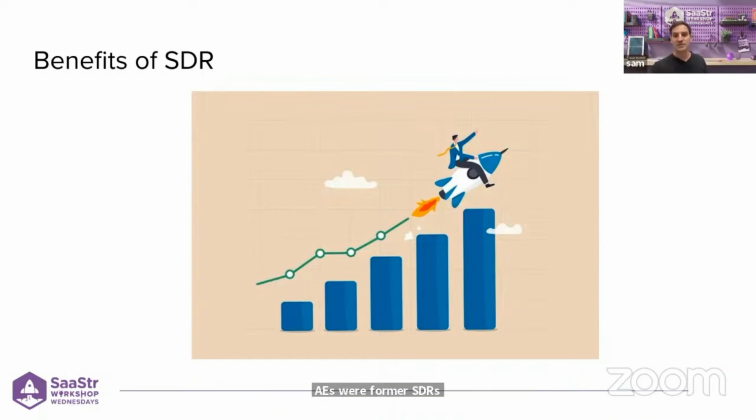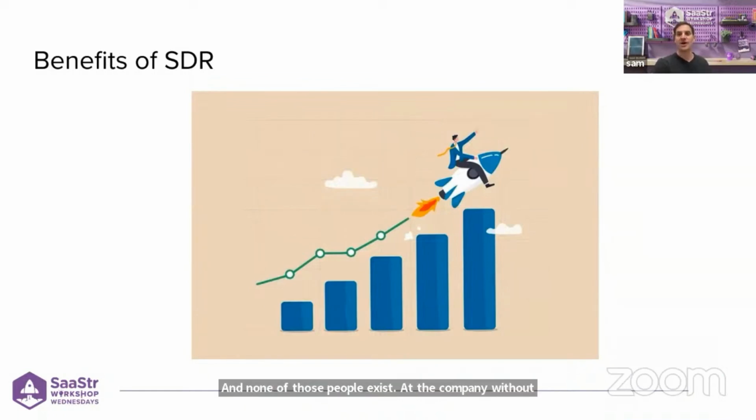And none of those people exist at the company without the function of SDR existing as this sort of training ground to ultimately promote into some of the most successful AEs within the business. Now, we corrected this. We got it to a point where SDRs on a per rep basis were sourcing more revenue than their AE counterparts. But that benefit that I just alluded to, which is the sort of feeder system, is oftentimes overlooked and doesn't necessarily show up in the data.